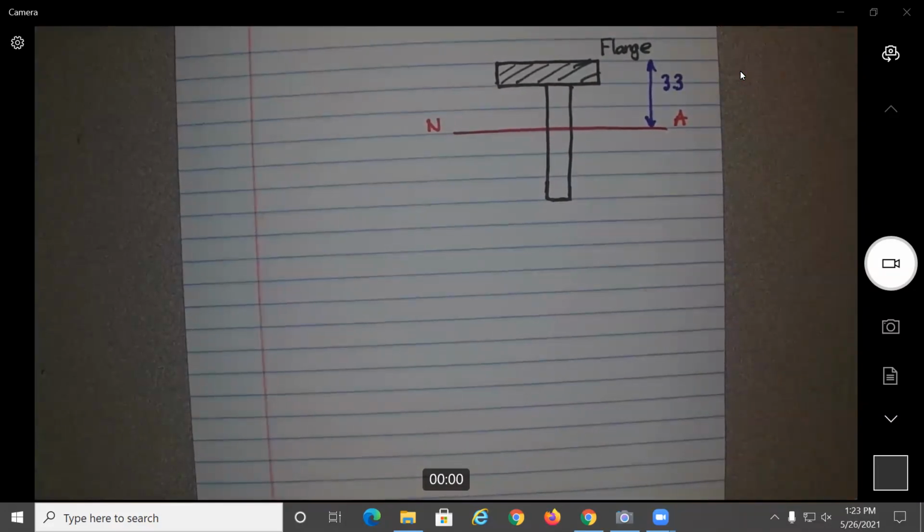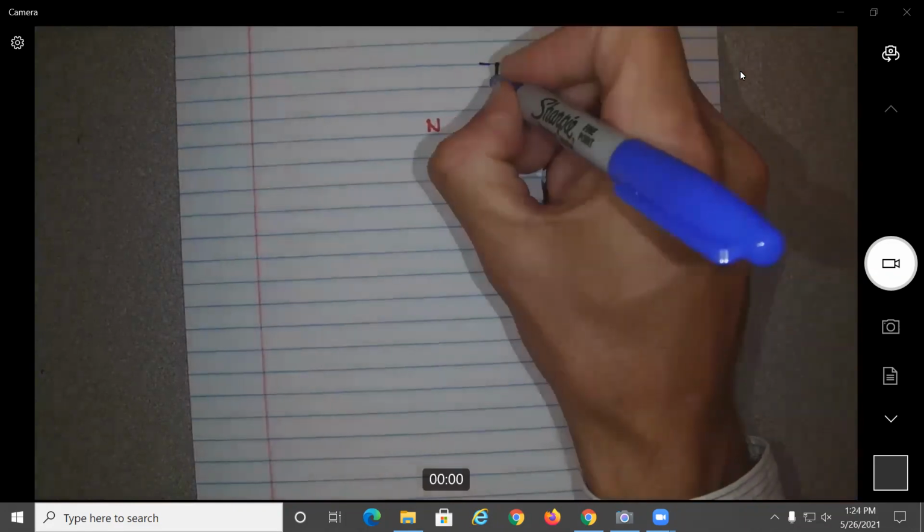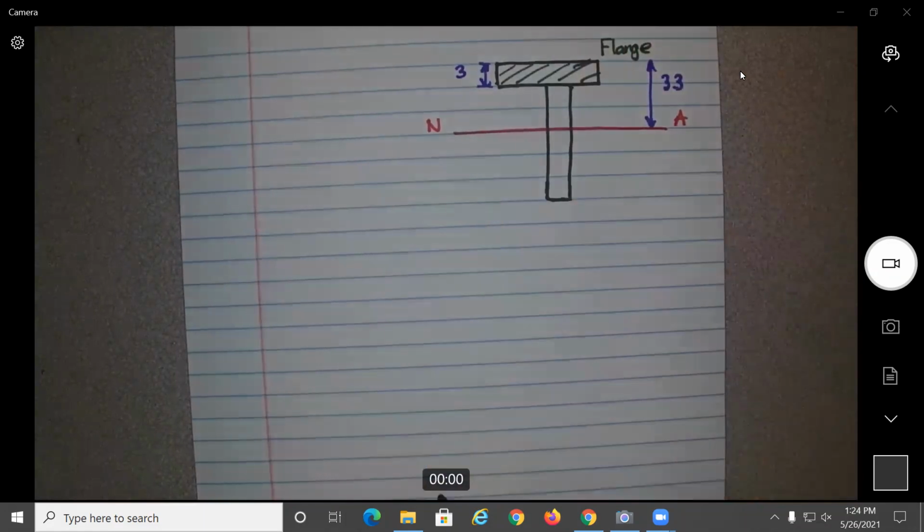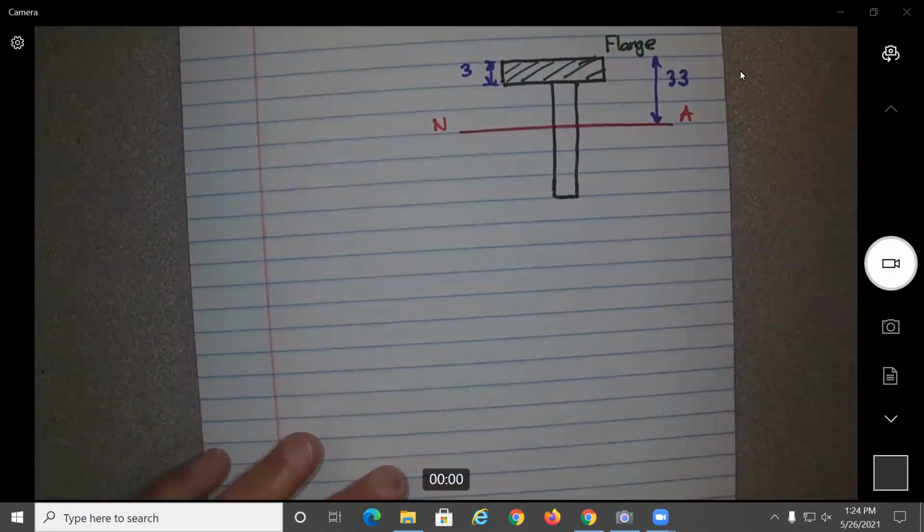I don't have it with me. I think the thickness of the top was 3 inches. So this is 3 inches. Okay, so let's call this point here A.